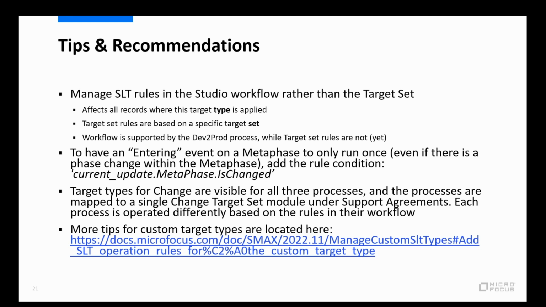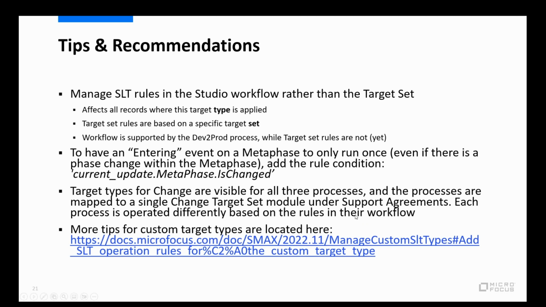You won't see any differences in the way the target set is defined, but because the rules are processed in the change workflow, you'll want to look at the specific workflow for each process if you want to see how those change SLTs are launched and changed.